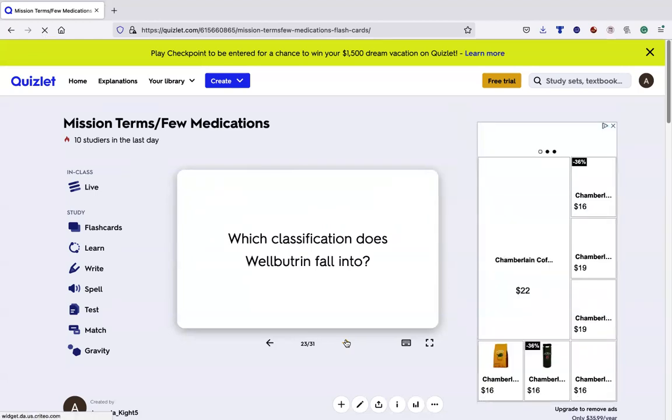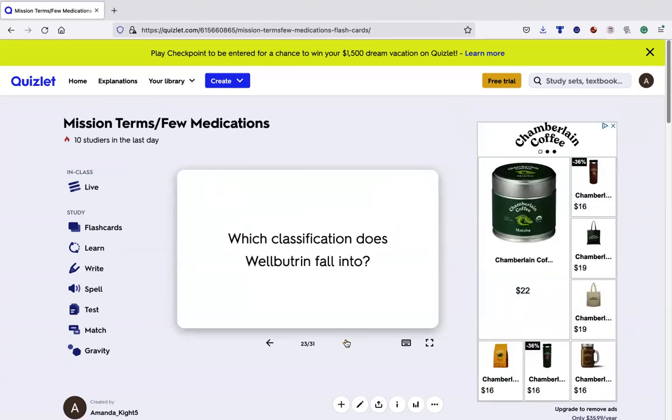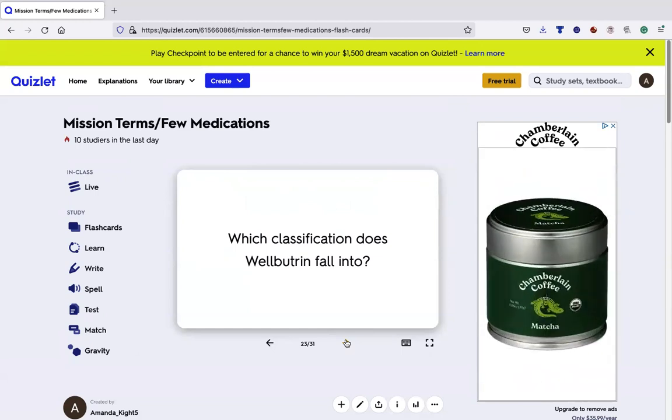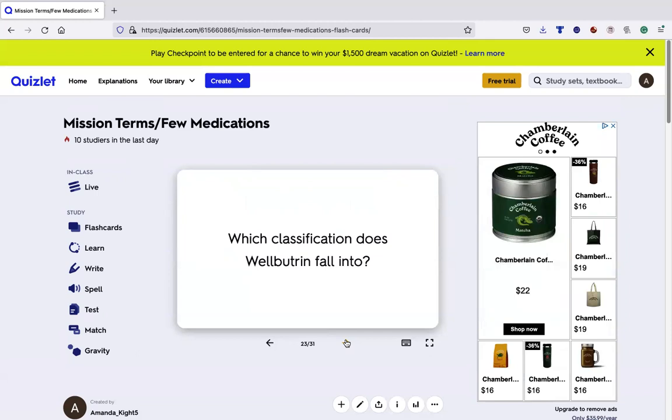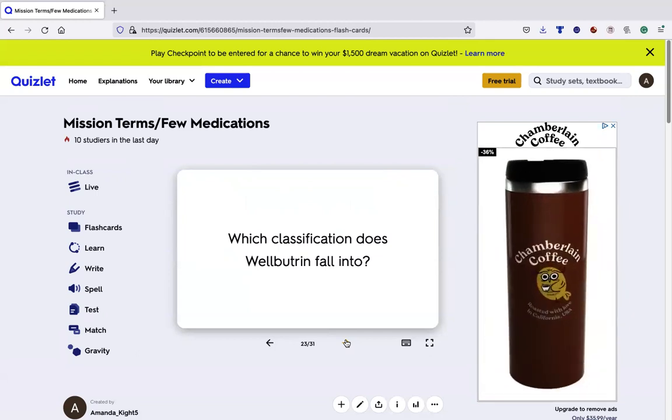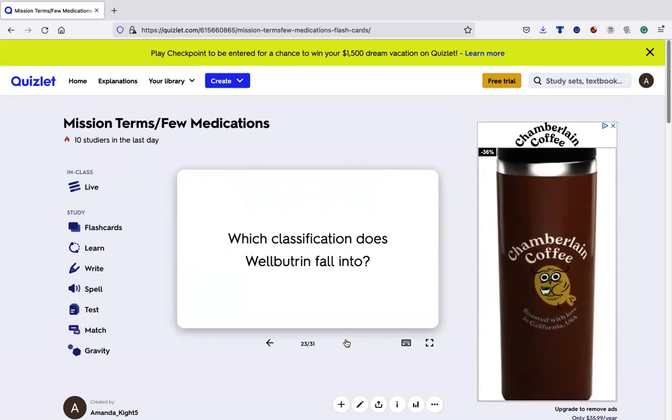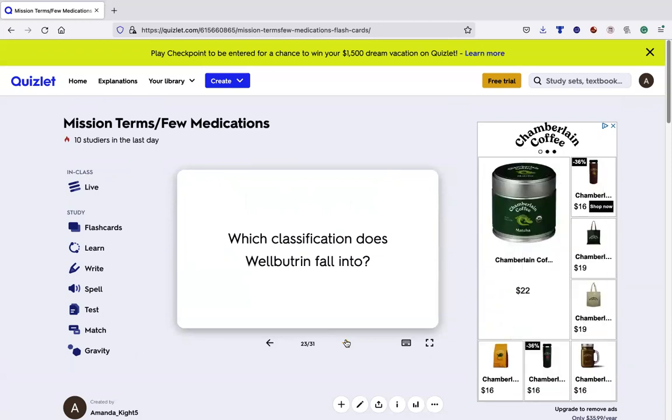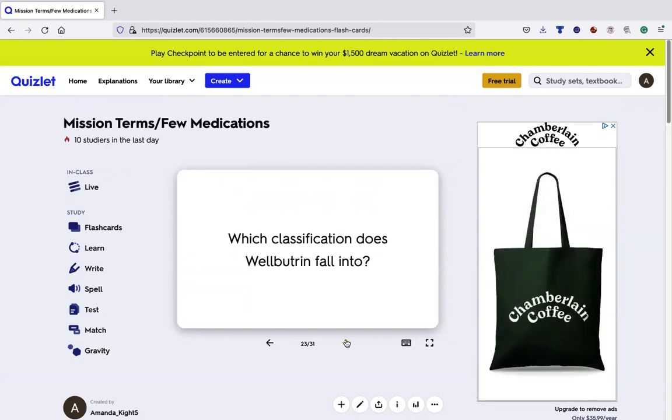So a lot of people say, oh, it's an SNRI. Well, it's not, because it doesn't touch serotonin, so it wouldn't fall into that category. I don't know if they call it that in the hospital, but for us, it's an outlier. So that is what Wellbutrin is. It's an outlier, and it goes to the norepinephrine receptor.